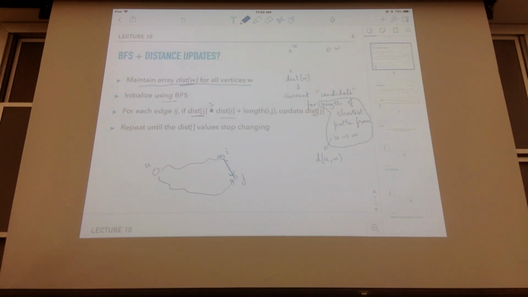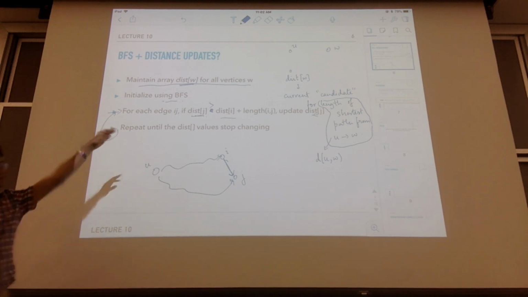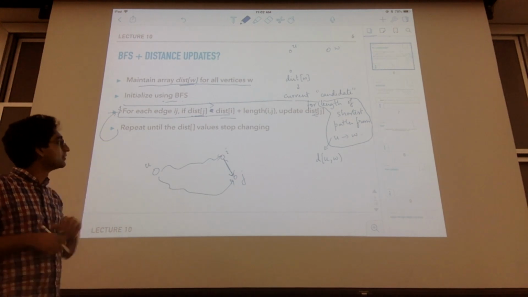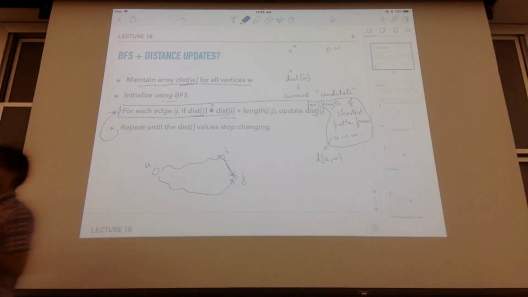Remember you have a loop here. So you are doing this, then you are going back to this step, as long as you see some change. So the question is, if you do k of these steps, which is for every i you update these values, can you say something nice?